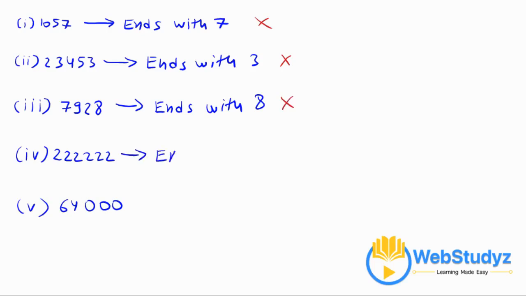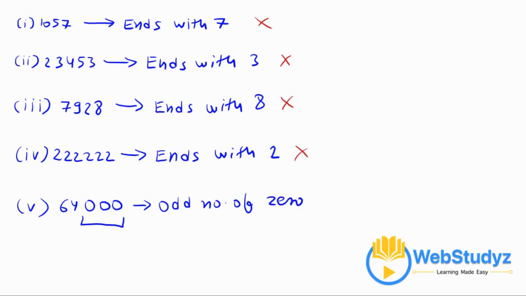This fourth number ends with 2. That's why it is also not a perfect square. And in the fifth, we have an odd number of zeros. That's why again this is not a perfect square, because in a perfect square we have an even number of zeros.